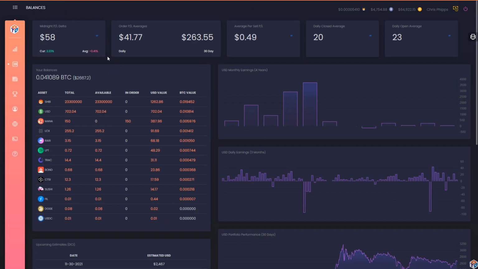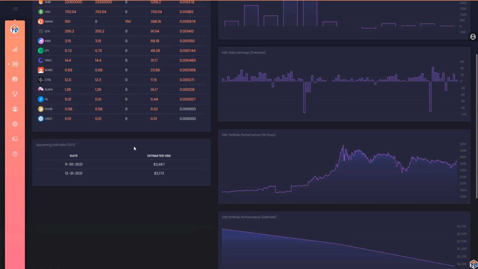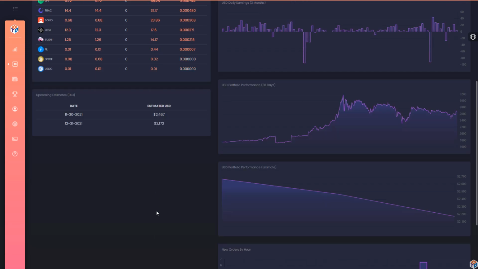It's a bad example because we've had a bad few days, but as you can see, being up 2.23% today means this will likely be in the red by maybe 0.5% by the end of the day, and this prices will adjust automatically. This chart, the USD portfolio performance, is essentially a visualization of this table. Since we only have 2 months left, including this current month, in the year, the chart is quite small, but it shows you a visual representation of what we're displaying here.